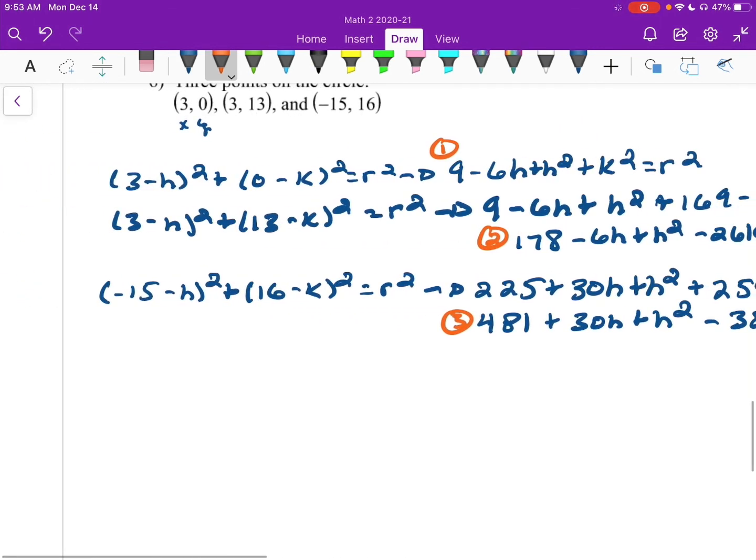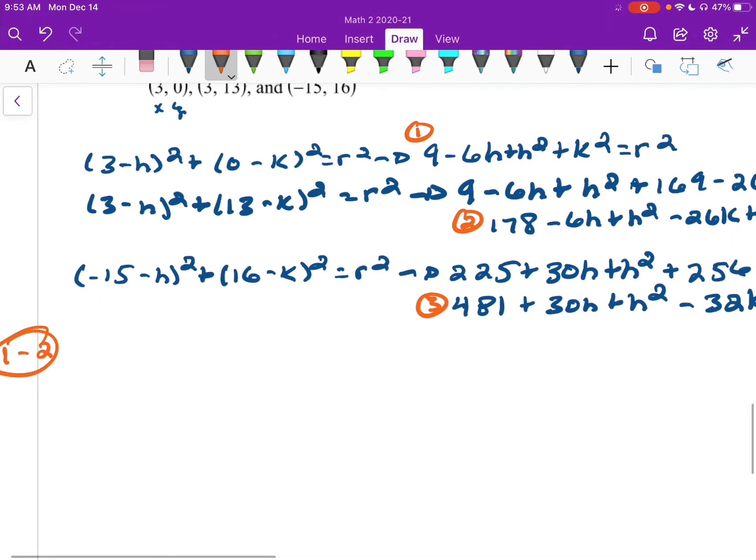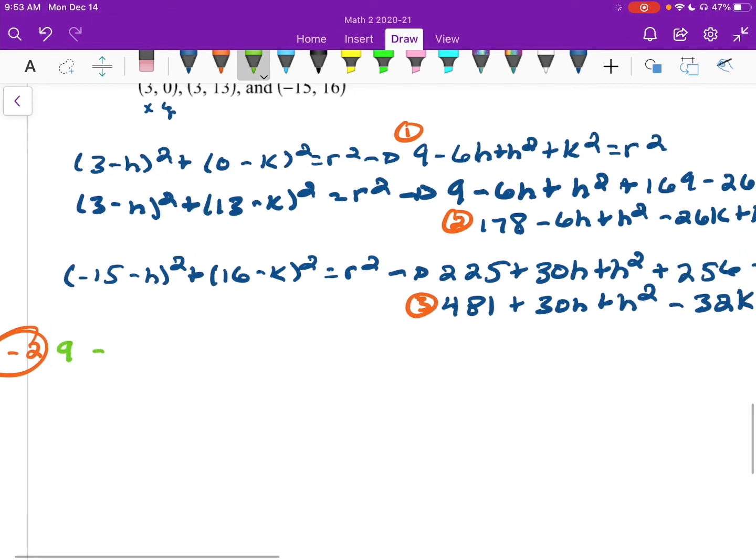So I'll start off, I'm going to do 1 minus 2. So I'm just going to copy my 2 equations down here, and I'll say, well, 9 minus 6h plus h squared. And I'm going to leave a little bit of a gap. That way it kind of looks a little bit better with the other equation.